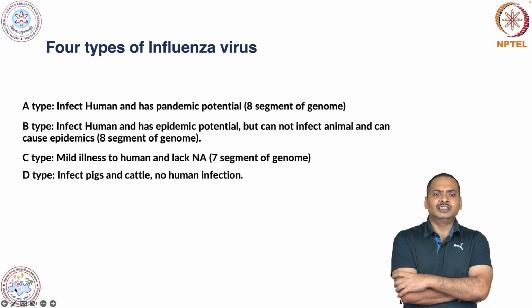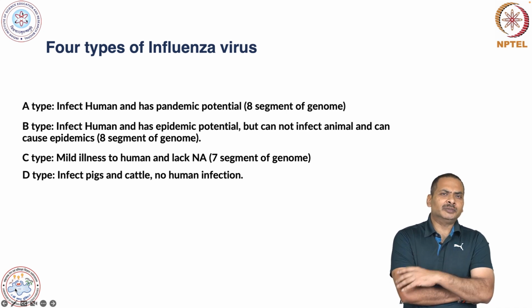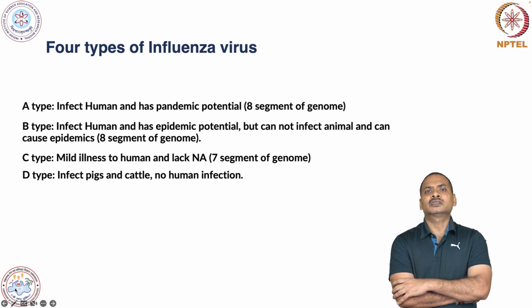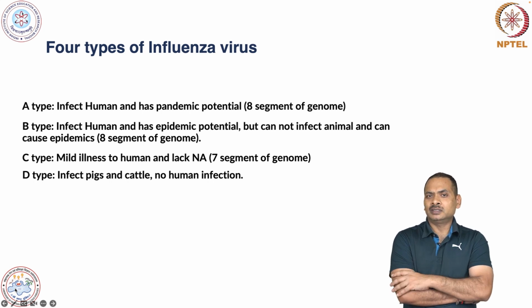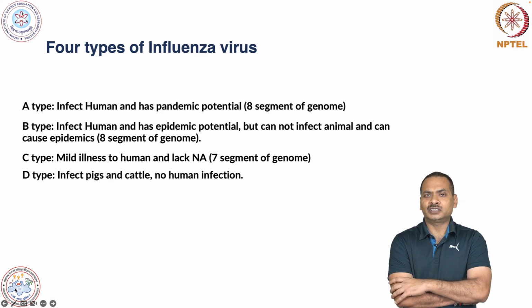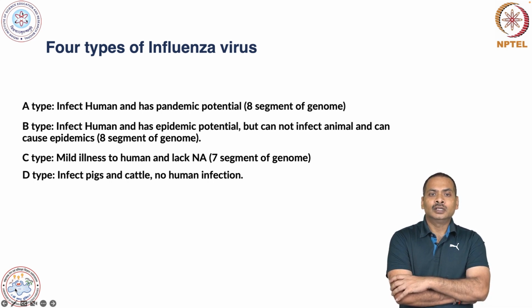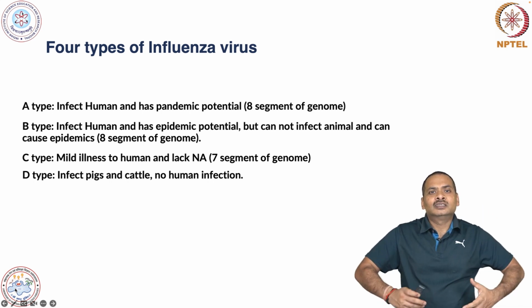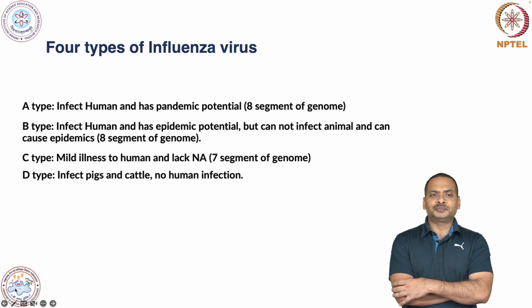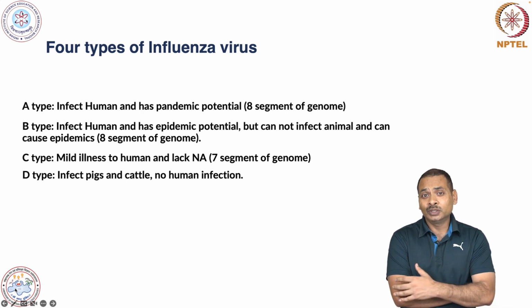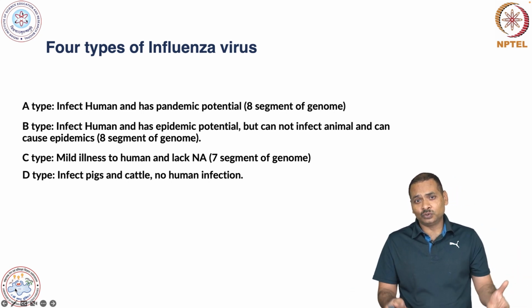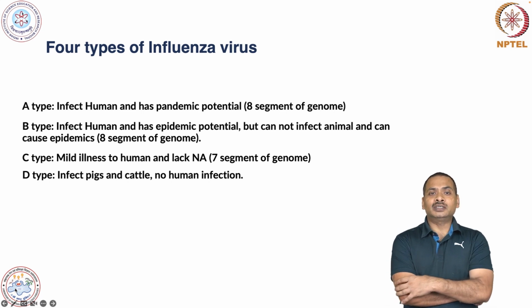The last is D type. D type can infect pigs and cattle, but does not infect humans. So these are the major types, but as I told you, there are so many kinds of influenza virus, so there is a need for some naming system.